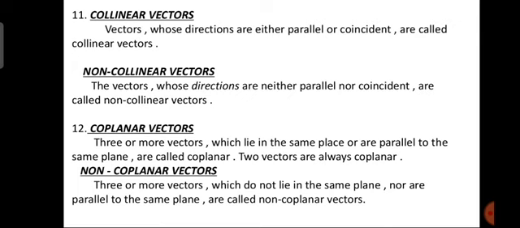And next are coplanar and non-coplanar vectors. Coplanar vectors are three or more vectors which lie in the same plane or are parallel to the same plane. Two vectors are always coplanar.